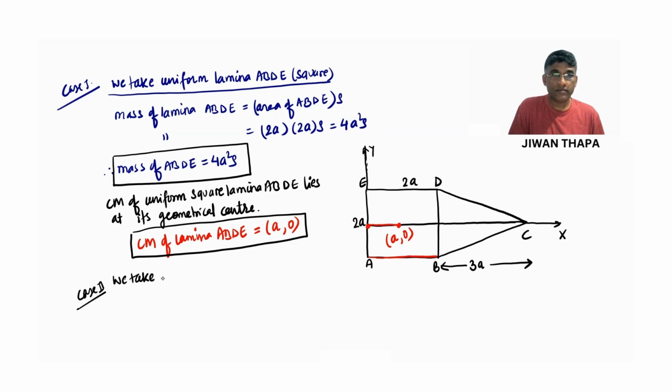we take the uniform lamina BCD, and this is triangle in shape, okay, or it is triangular. It is a triangle. So let me write in this way, okay.